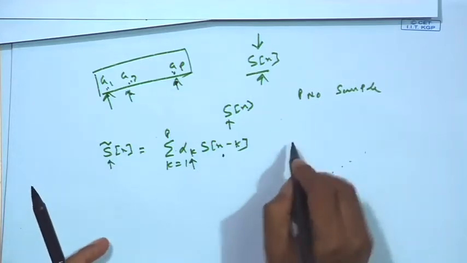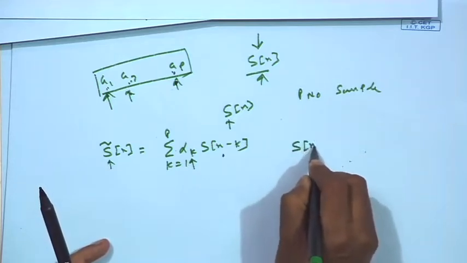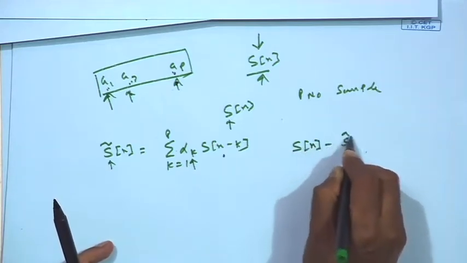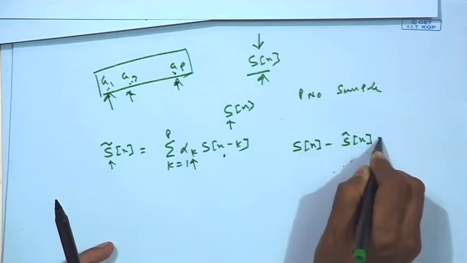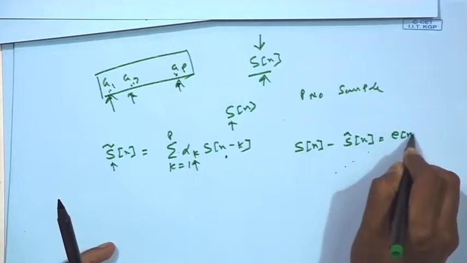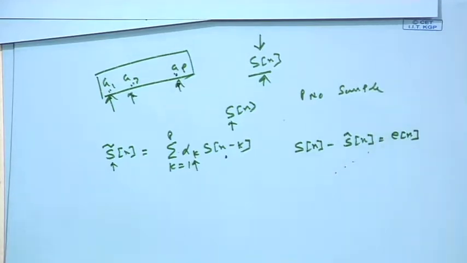Now, what is the prediction error? If I know the current sample, then S n minus the predicted sample, S n minus S cap n, is my prediction error.